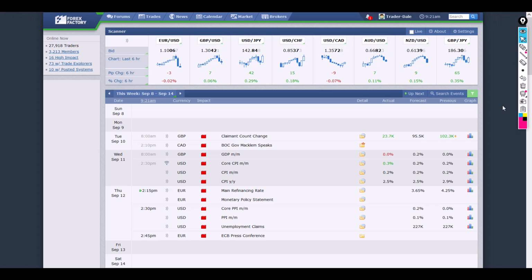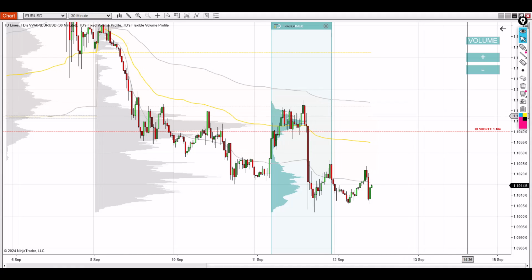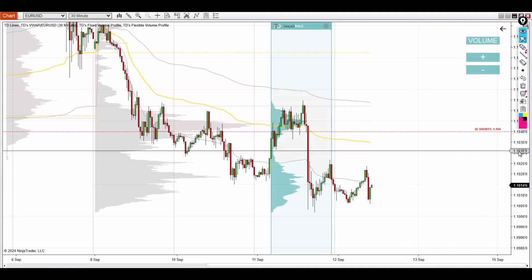So this macro news could be a catalyst for heavy volatility, and you definitely don't want to be trading such intraday trades as I'm showing you during such news or in the post-news volatility. Alright, so be careful around the news, otherwise the level which I showed you is pretty strong to trade from.